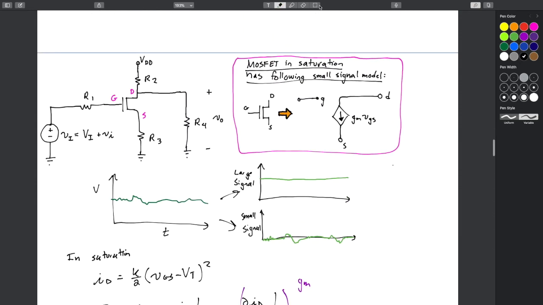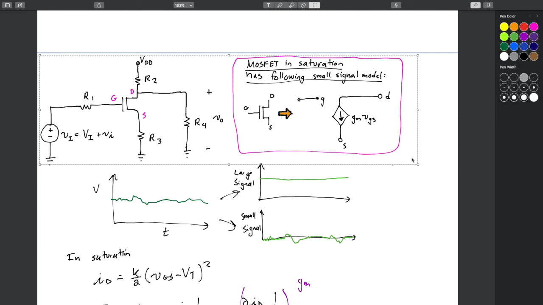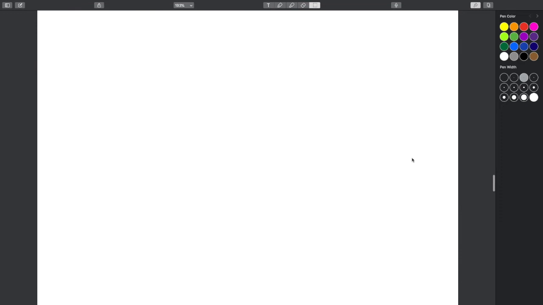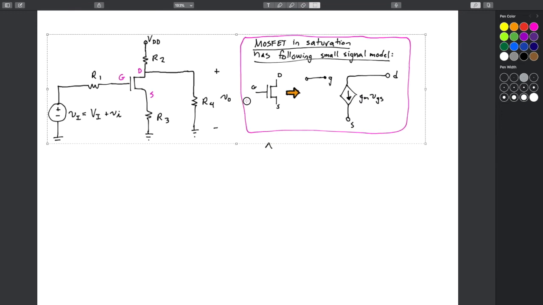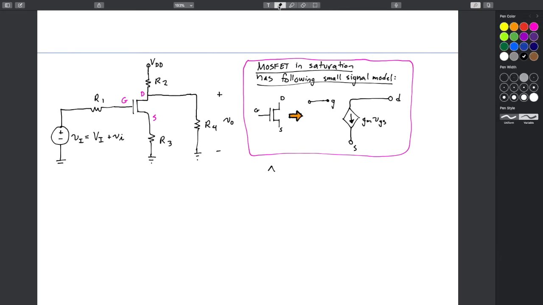So now let's take this circuit that we have and convert it into our small signal equivalent. So I'm going to move down to this page. What I need to do is redraw the circuit with only small signal components involved, including substituting in this symbol, relationship, organization, circuit thing, whatever you want to call it, for this thing in here.